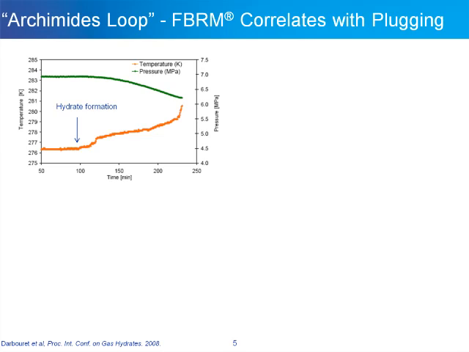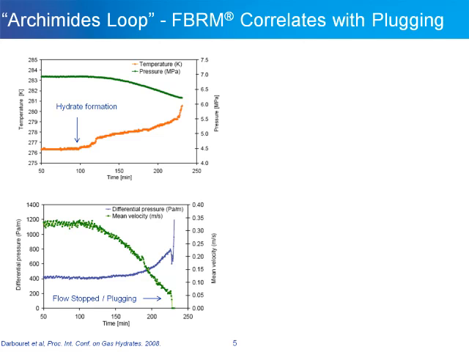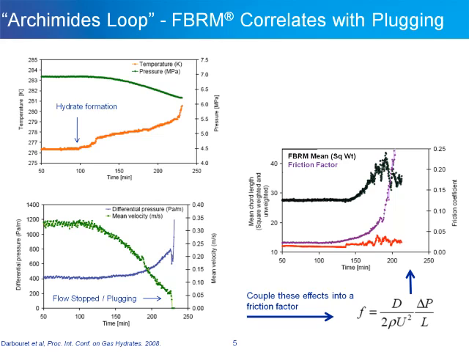Looking at the Archimedes loop, temperature and pressure were monitored from the onset of hydrate formation through to stoppage of flow. Looking here at the temperature, pressure, and mean velocity information, we can couple these factors in order to generate a friction factor, which is shown here in this graph on the right-hand side in purple.